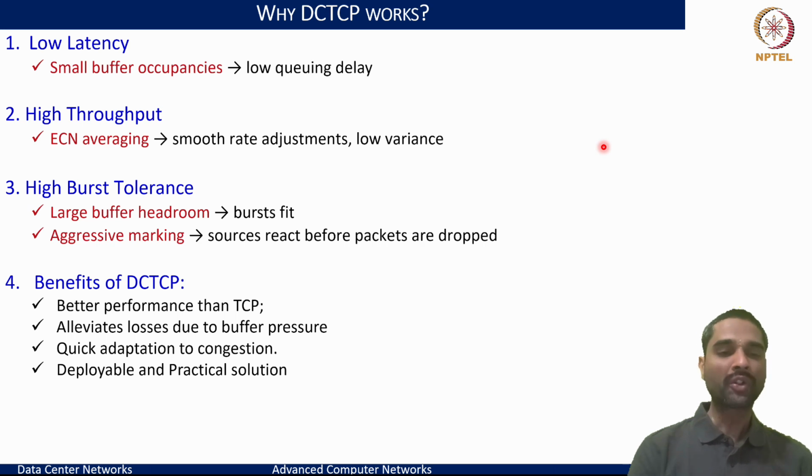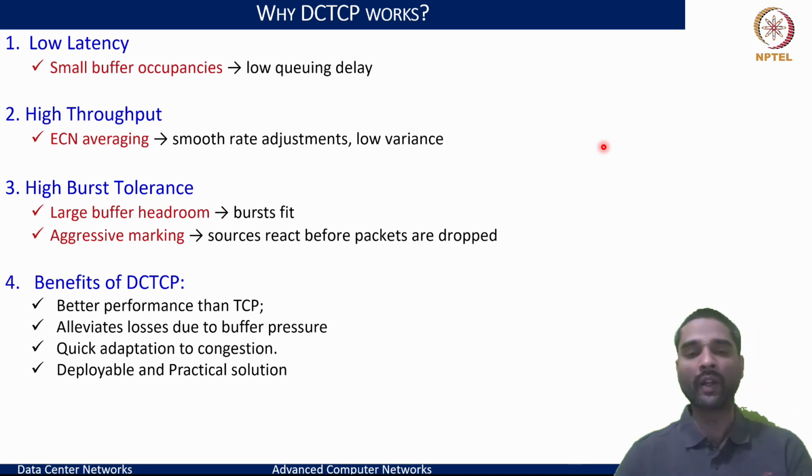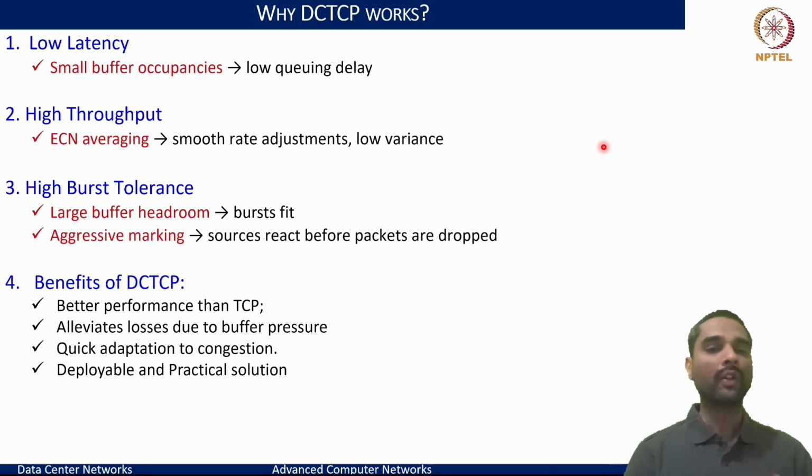And most important is that it doesn't require any additional changes at any of the network elements, nor at the application layer, but just the TCP stack that we can build into the Windows or Linux network stacks. This becomes readily deployable and a very practical solution in addressing TCP incast.